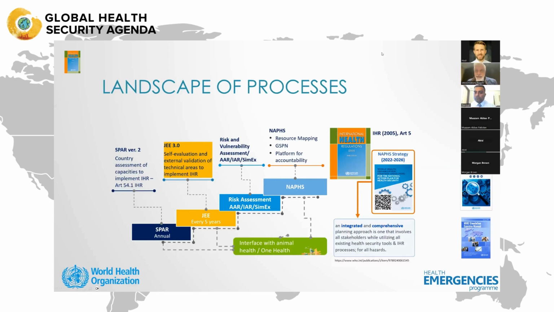So we are now in version 3 of the joint external evaluation, and the national action plan and the strategy linked to that. Since then, as many of you know, the World Bank has been using the indicators that we've all developed, because many of our colleagues here, the agencies here, US CDC especially, and other agencies, have all worked together to develop these indicators and update them to the new realities that we now face.